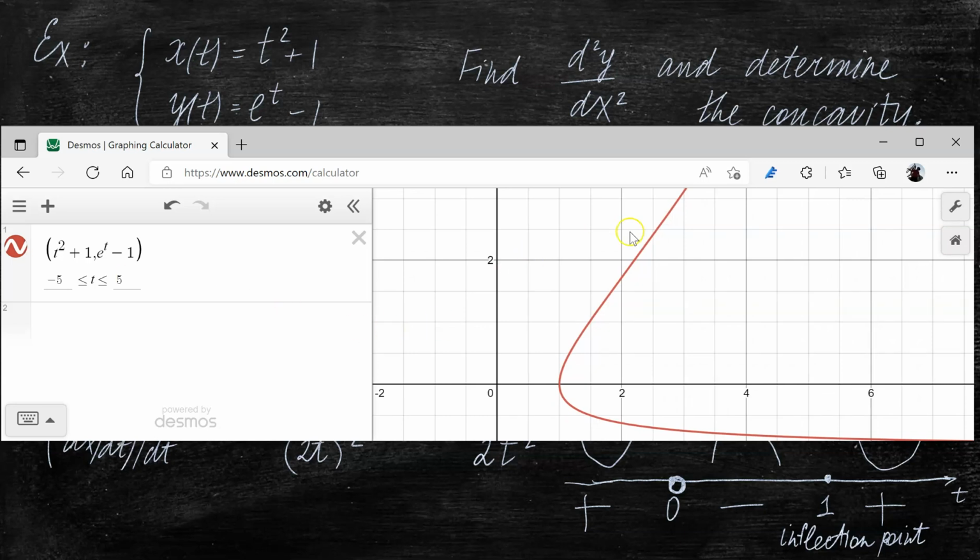So even though it doesn't look like that, we are 100% sure that this is an inflection point. So we discussed how to find the first and second derivatives and use them to answer certain questions and perform certain tasks for parametric curves with given parametric equations.